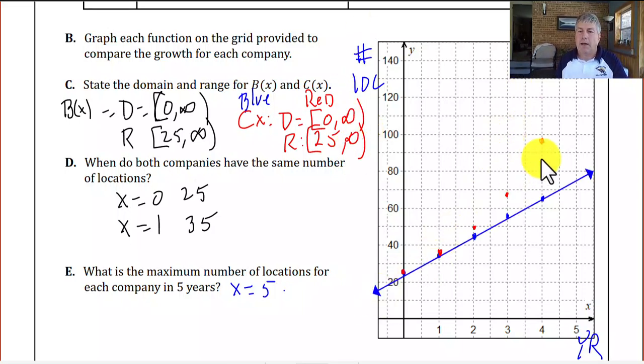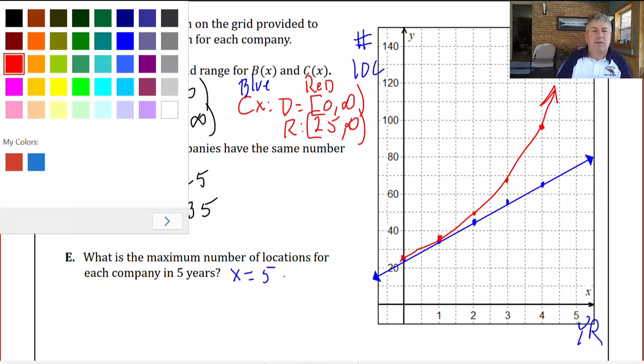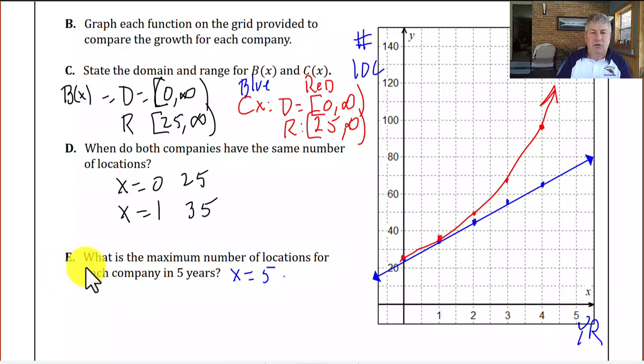So I've drawn my line for my linear function in blue, and then I can sketch my exponential function in red and answer the final question: what is the maximum number of locations for each company after 5 years? So b of x after 5 years, we could put it right into our equation.